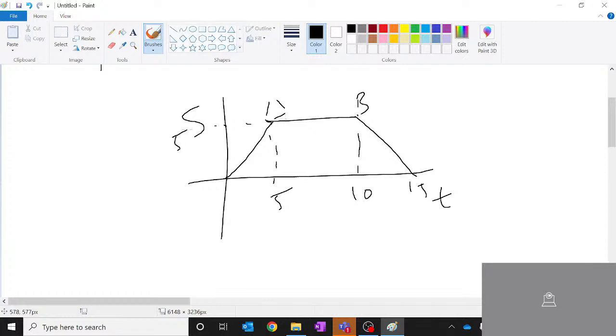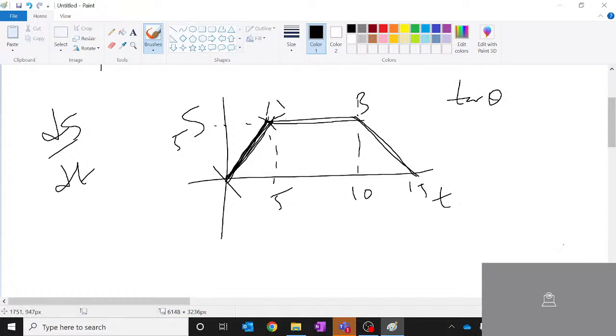If they ask you to find the velocity along this, what will be the answer? You all know velocity, ds by dt, is nothing but the slope of this. Yesterday we saw slope is nothing but tan theta.